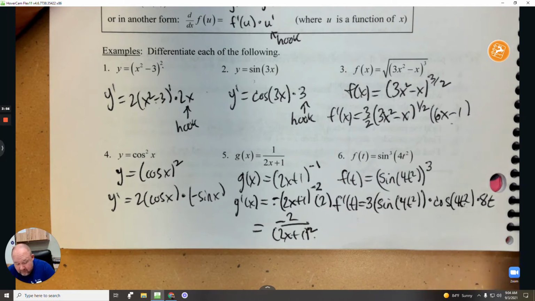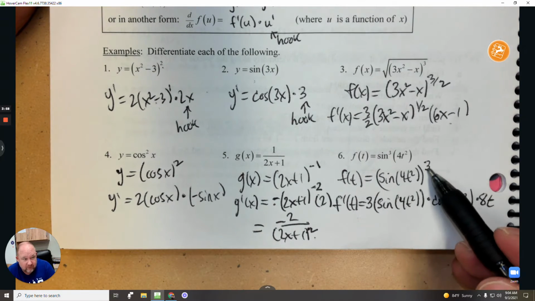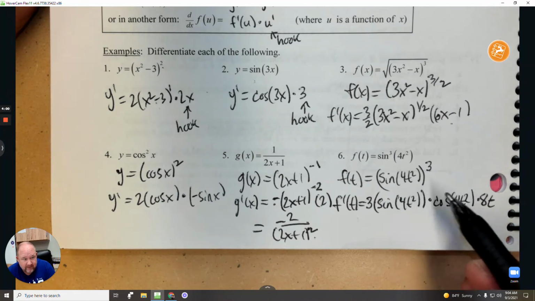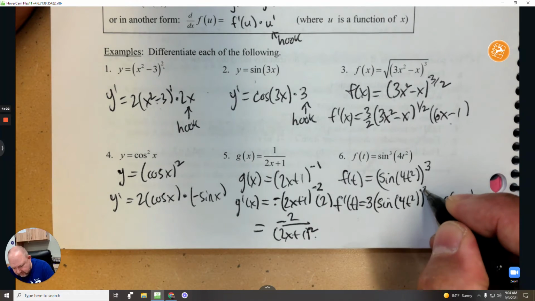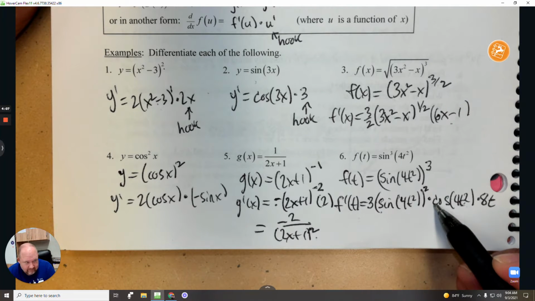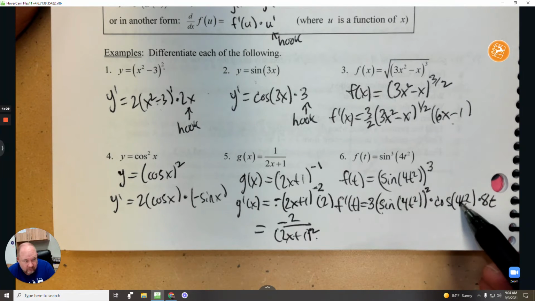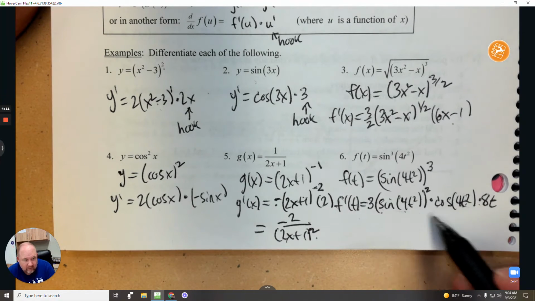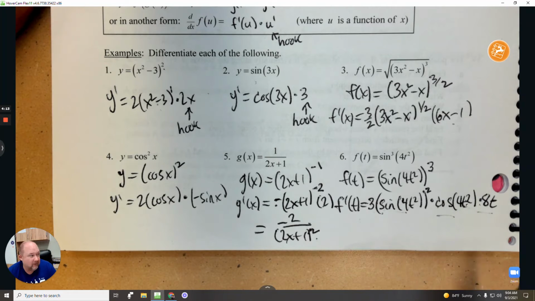So be patient here. This had a double hook involved. So first I handled the 3 and subtract 1 to the exponent. There it is. Then the derivative of sine is cosine, and then the derivative of 4t squared is 8t. So follow the double hook and follow what I did.